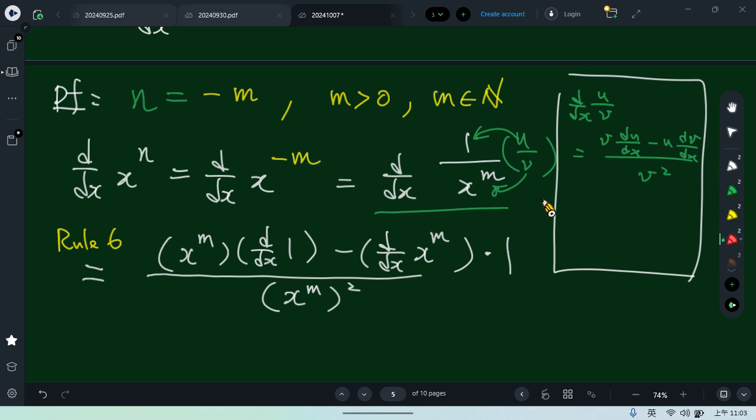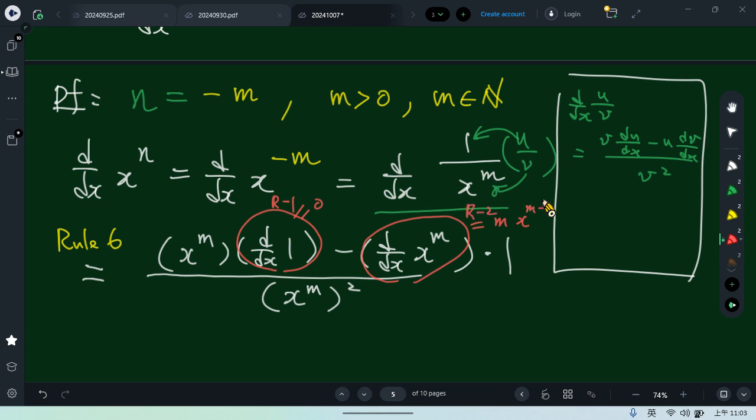So you can see here, what's the result? 0, because of rule number 1. Here it will be m times x to the power m minus 1.